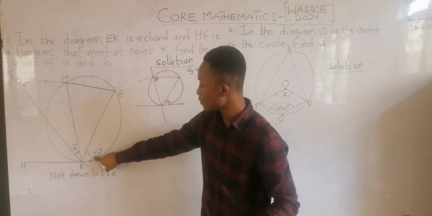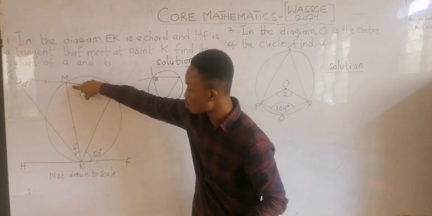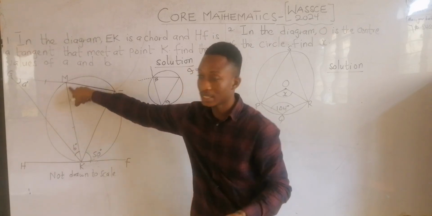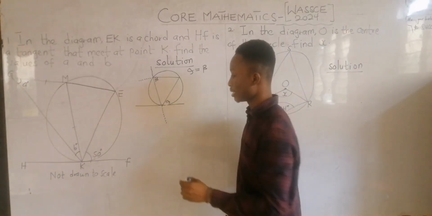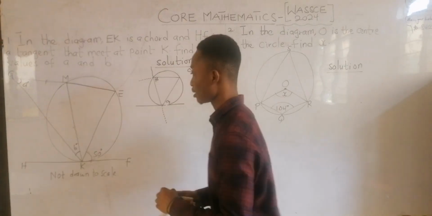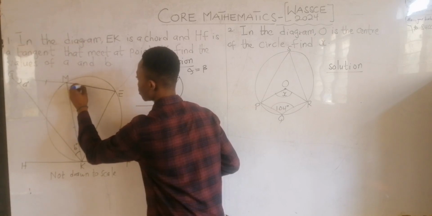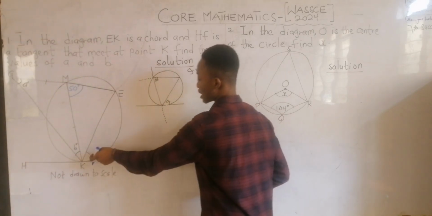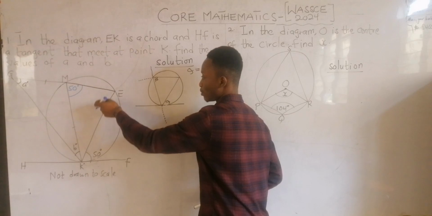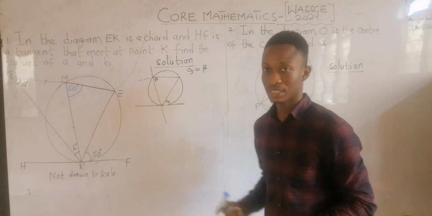Here, look at 50 degrees. It is alternating to the angle created here, angle M. So using a blue marker, here we say this side is also equal to 50 degrees, because the angle created by a chord and tangent is equal to the angle at the alternate segment.